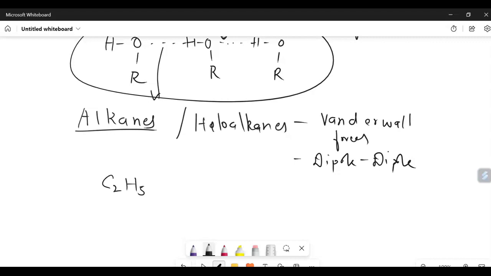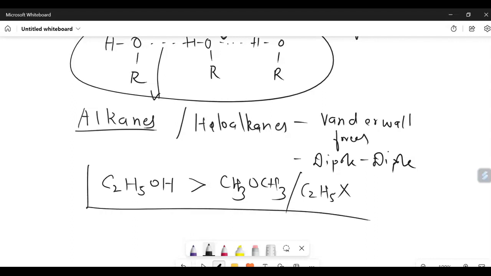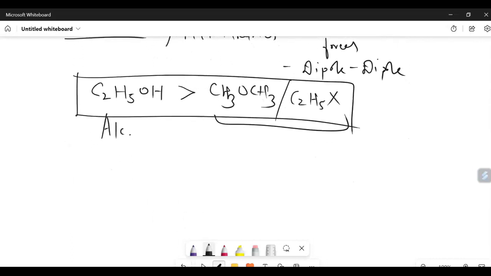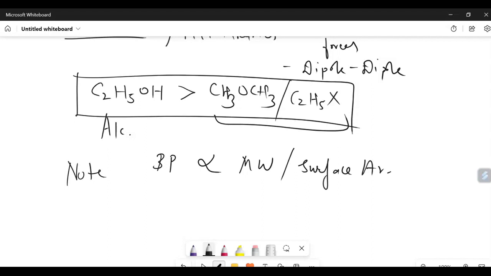For example, C2H5OH, that is ethanol, and corresponding to that, the ether, that is CH3OCH3, or we can take a C2H5X compound. In this, the boiling point of alcohol is always greater than the corresponding alkyl halides. Also note, the boiling point is directly proportional to molecular weight and surface area.